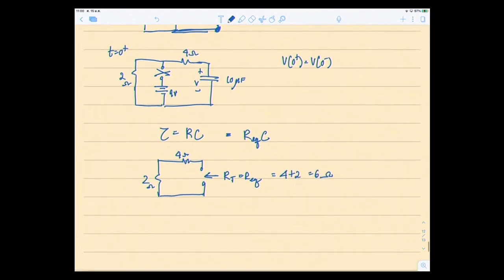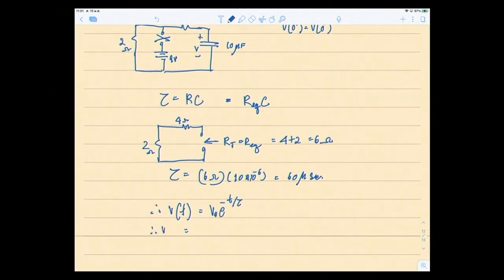Your R equivalent is 6 ohms, so tau is 6 ohms times 10 microfarad, equal to 60 microseconds. Therefore, your voltage V naught e to the minus t over tau is 9 e to the minus t over 60 times 10 to the minus 6 volt. Of course, you can take the reciprocal of 60 microseconds, and maybe you get nicer values for the answer.